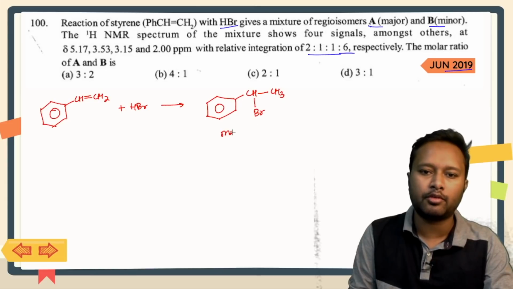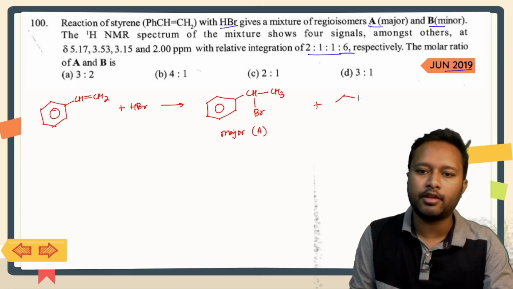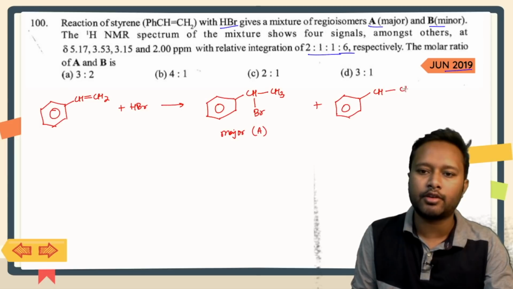This is going to be your major, or your A, whereas the other one will be formed through the less stable carbocation, and that's going to be the Br product. So this is minor, and this is your compound B.